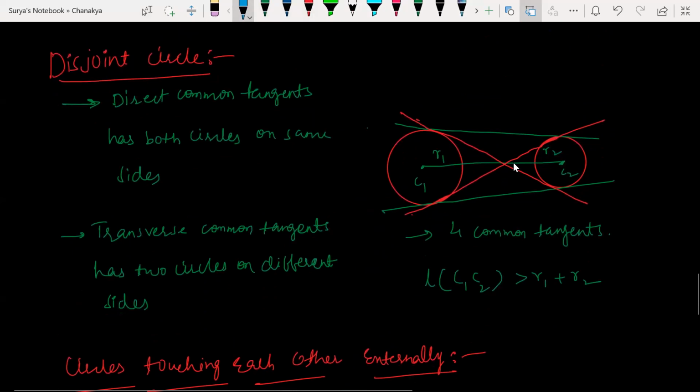Let me point out. ये green color है ना? This is the green color and the red color. डायरेक्ट कॉमन टेंजेंट मतलब ऊपर से जा रहा होगा ना, ट्रांसवर्सल मतलब अंदर से जा रहा है. The red color one is a transverse common tangent and the green color is a direct common tangent.